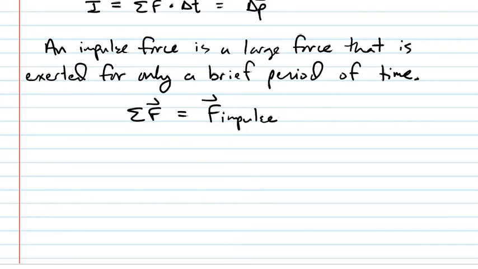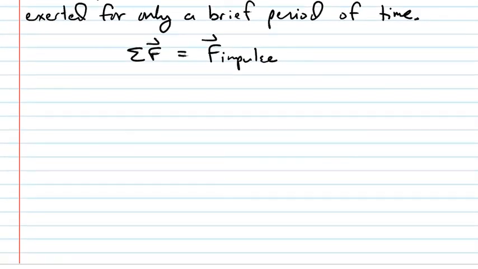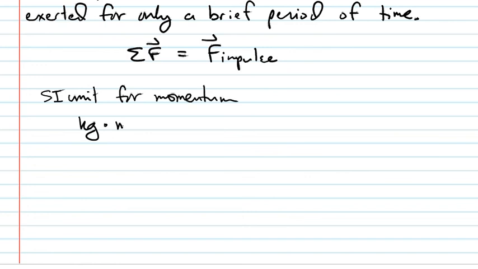It'd be very bad of me not to also at least comment on the SI unit for momentum. Since momentum is coming from mass times velocity, it's simply the kilogram times a meter per second.